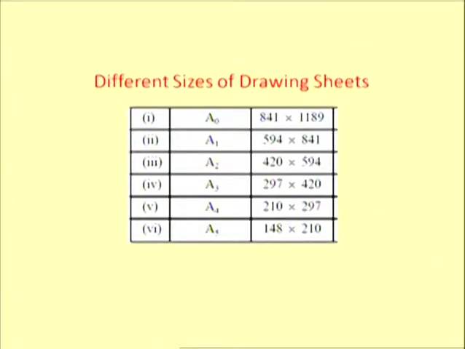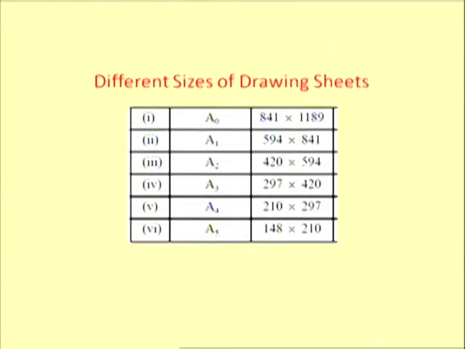Similarly, the drawing sheets have the sizes A0, A1, A2, A3, A4, A5. A0 is the largest size of the drawing sheet. If you cut the A0 sheet in two equal parts along the longest dimension, that is 1189 mm, you will get two sheets of A1 size.